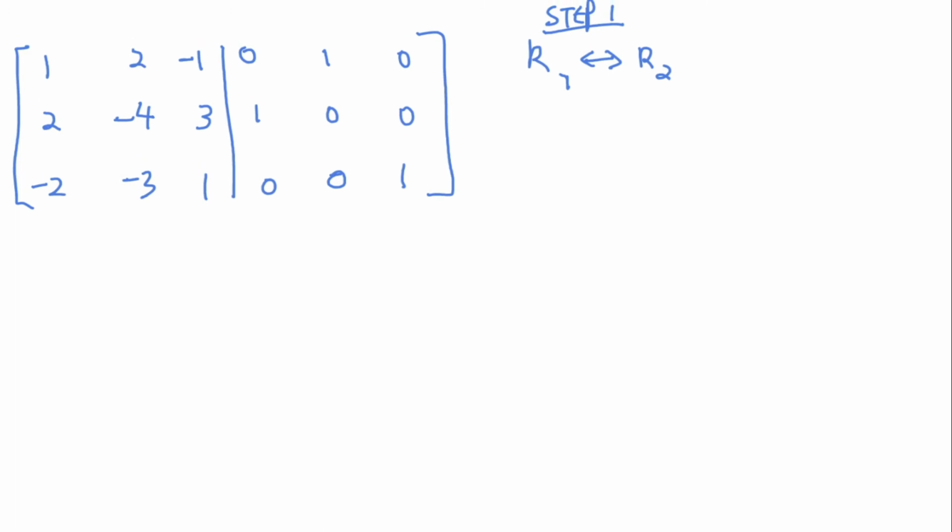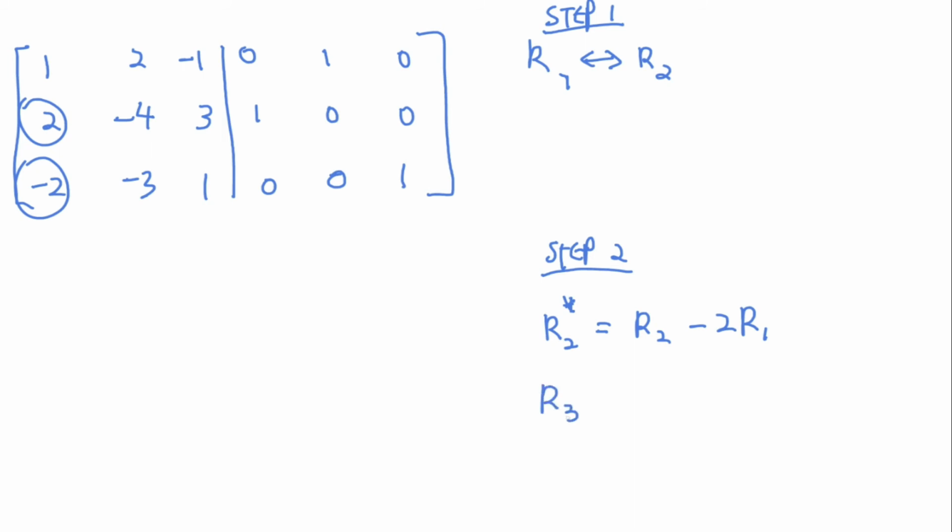Okay. For the second step, since you want to obtain 0 for the elements under the leading diagonal, for row 2, the new row 2 is equal to the original row 2 minus 2 row 1.